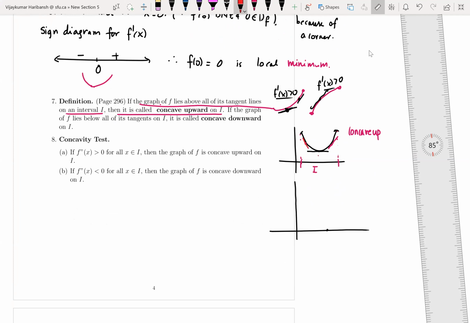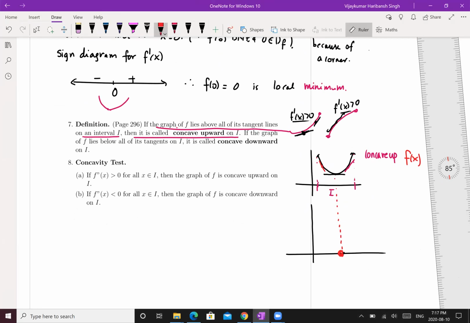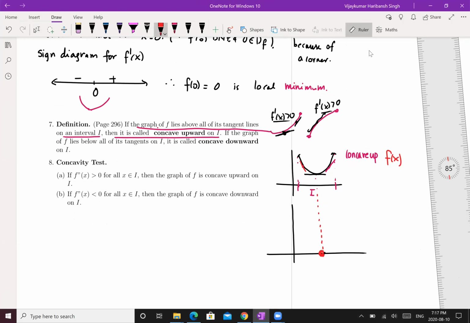So let's draw this correspondingly. From f of x, I'm going to draw f prime x and see what we get. Here the derivative is 0. Before this point, the tangent lines have negative slope, but it becomes 0 at this point.